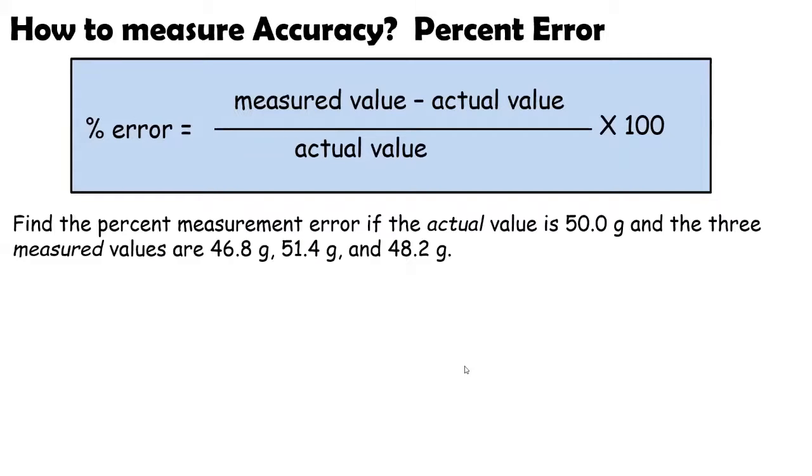So let's look at an example of that. Let's say we want to find the percent measurement error, and the actual value is 50 grams. So the actual value is 50 grams. And the 3 measurements we made are given here.